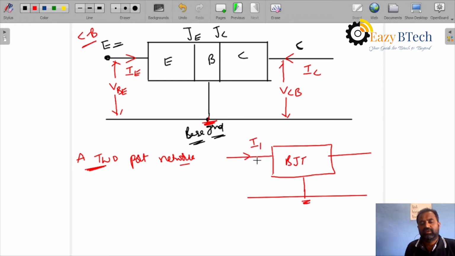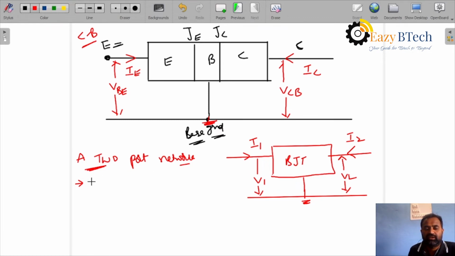Input current I1, input voltage V1, output current I2, output voltage V2. Okay, these are the basic general two-port network parameters. From this, we have different types of two-port network parameters.